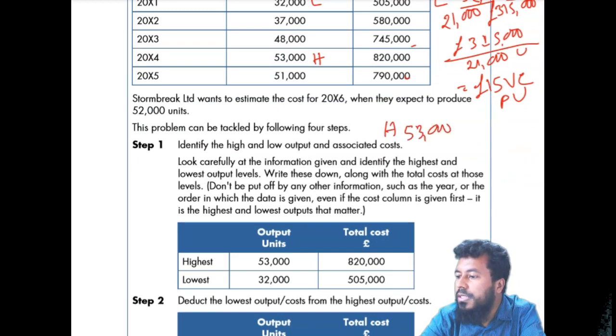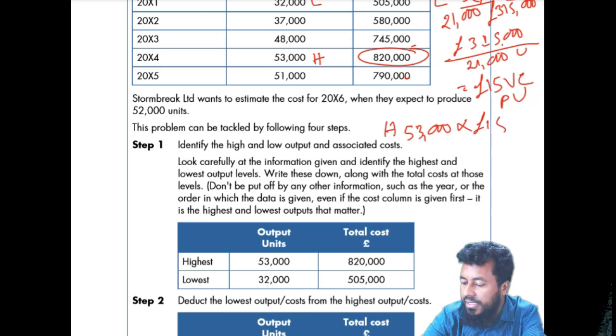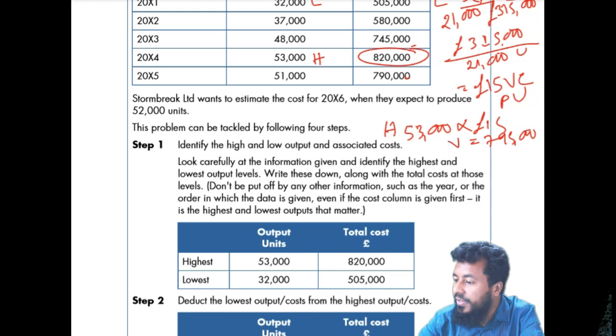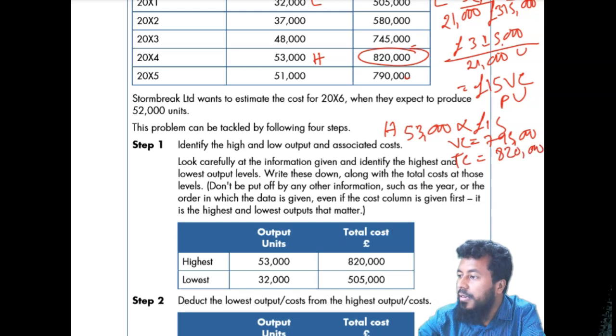The total cost is given as 820,000, but we know the variable cost per unit is 15, so 15 times 53,000 is 795,000. 795,000 is your VC. Your TC, which is total cost, is 820,000, isn't it? It is given here.